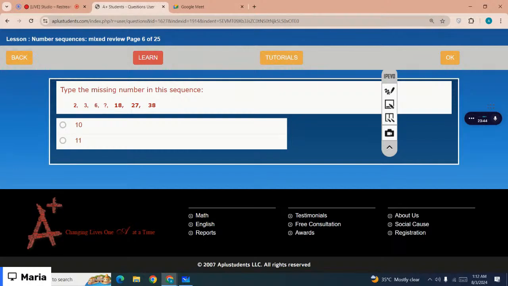The missing number is 11. The correct option is 11.